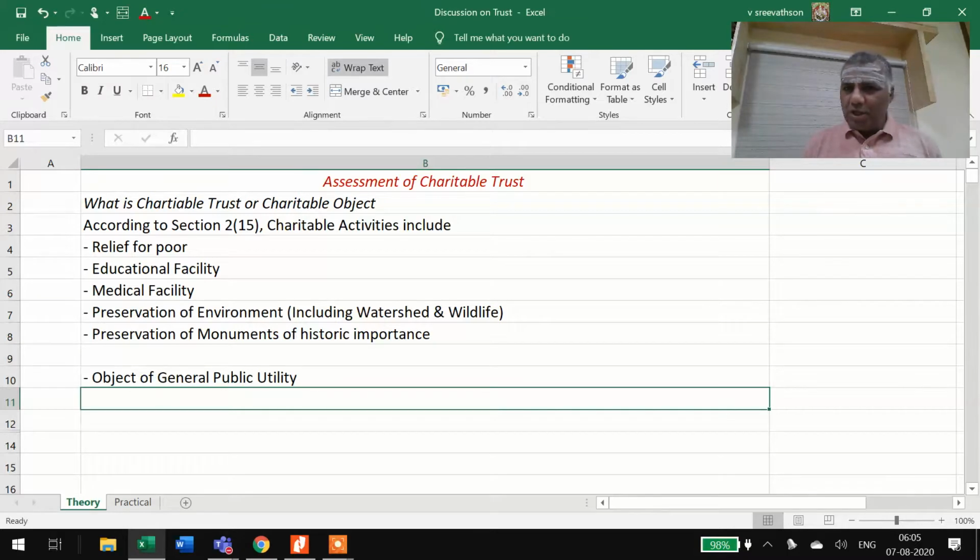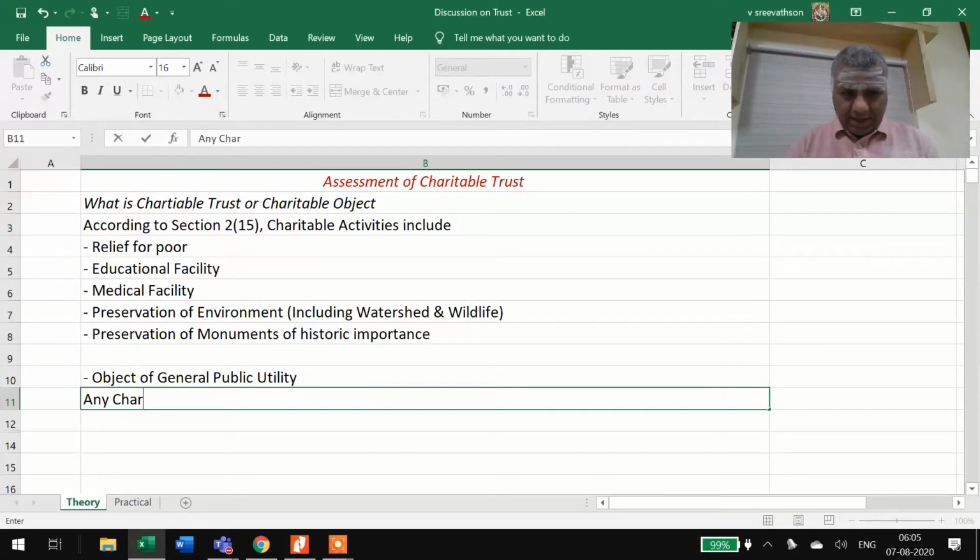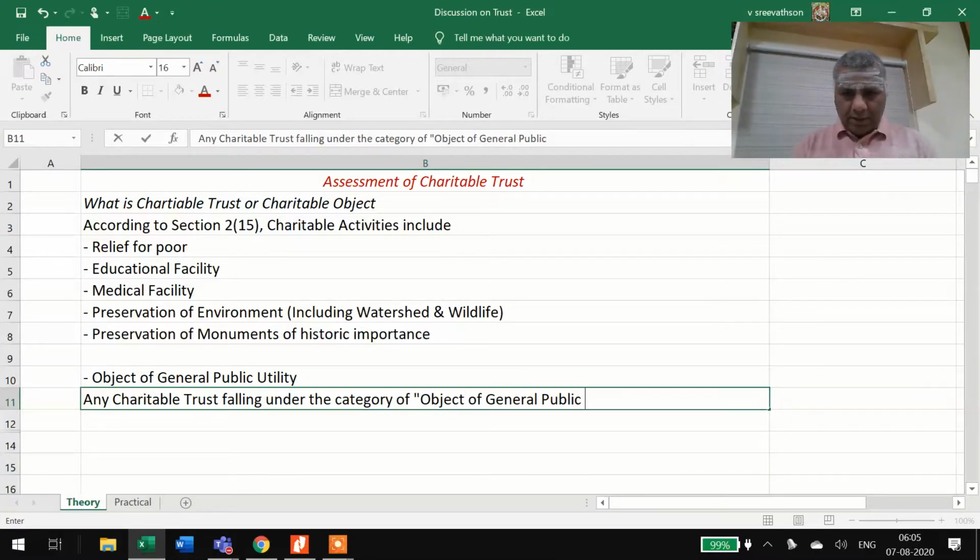Object of general public utility. Any charitable trust falling under the category of object of general public utility shall not carry on business or profession.